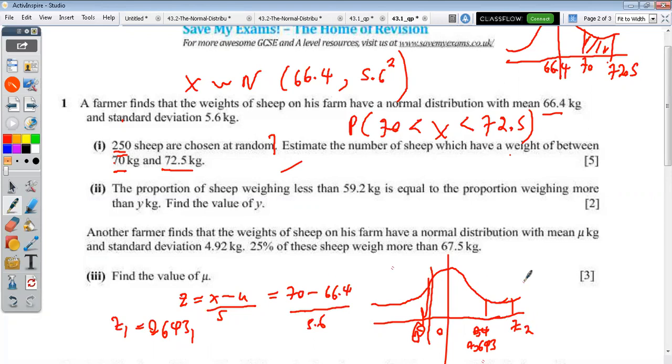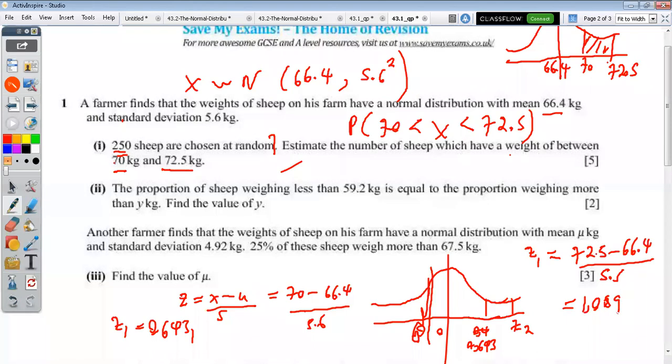Now Z2 here will be 72.5 minus 66.4 divided by 5.6. What do you get? 1.089.